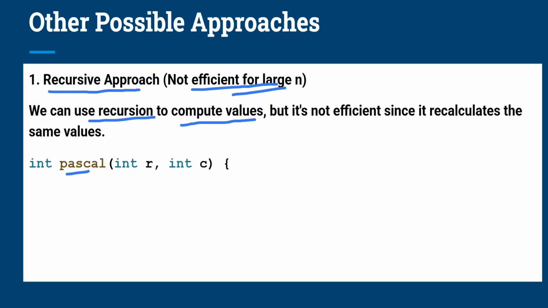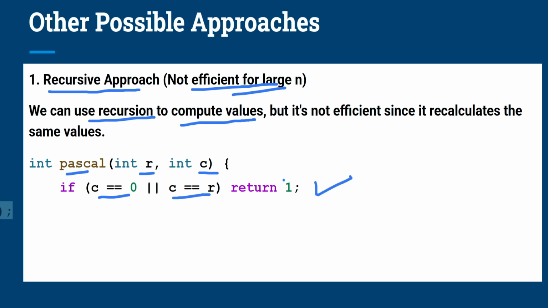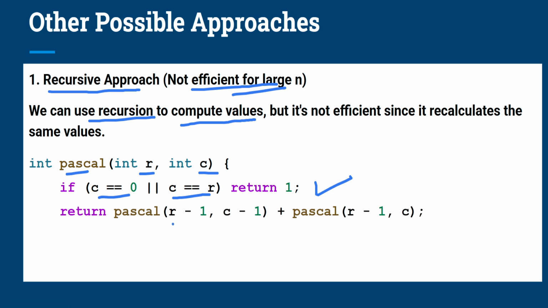So if this is a function, Pascal(row, column), what you need to do is, let's suppose the column is 0 or the column is the last one, meaning both are the same as we discussed, then return 1. Otherwise, we will do row minus 1 column minus 1, and then row minus 1 column.